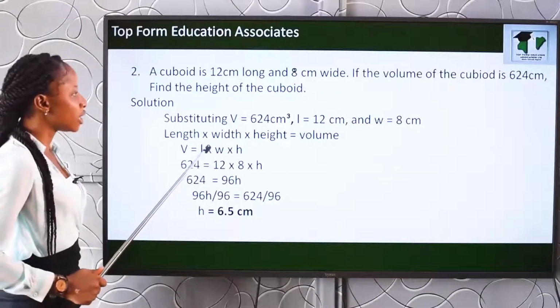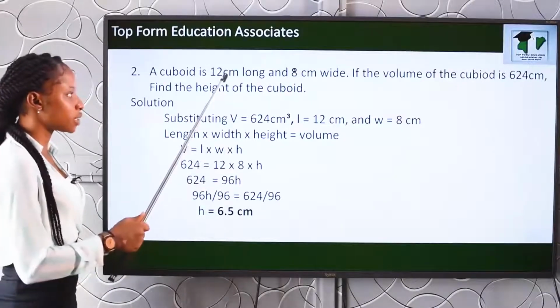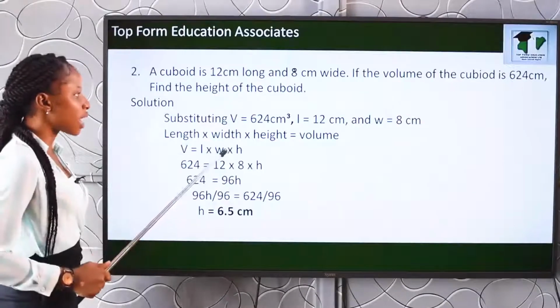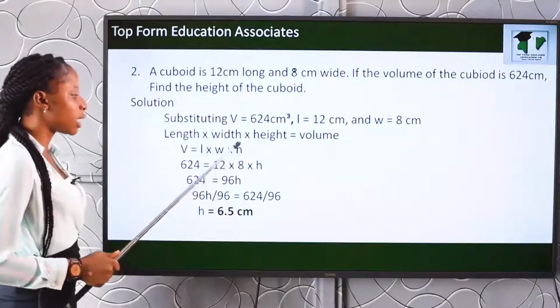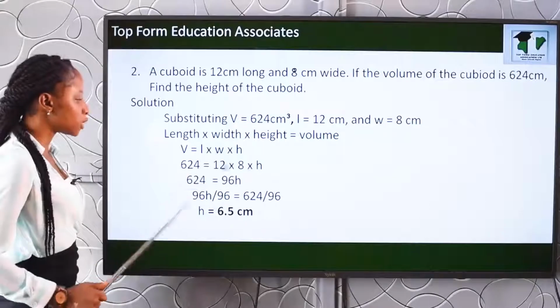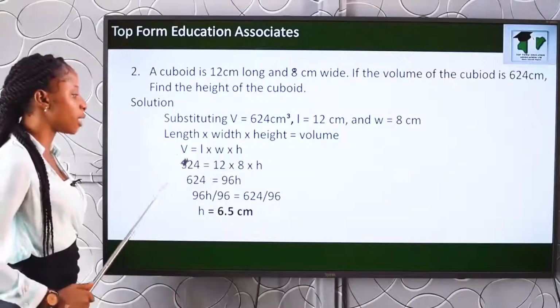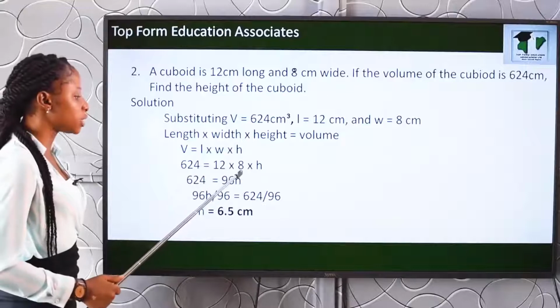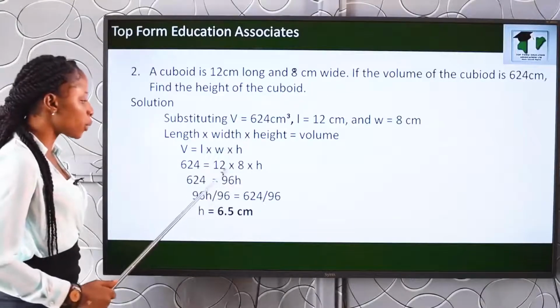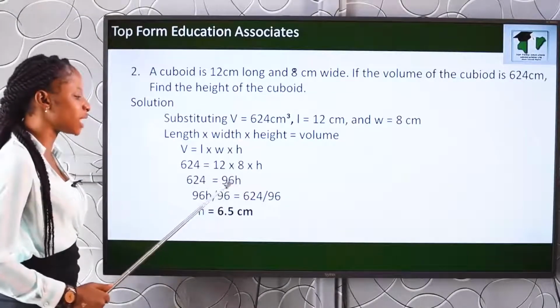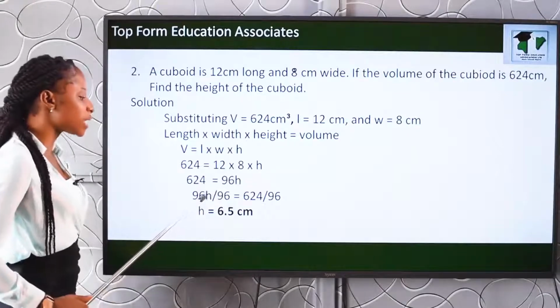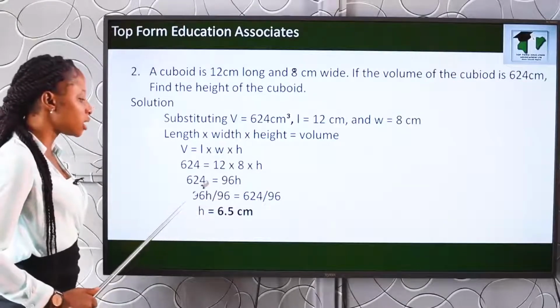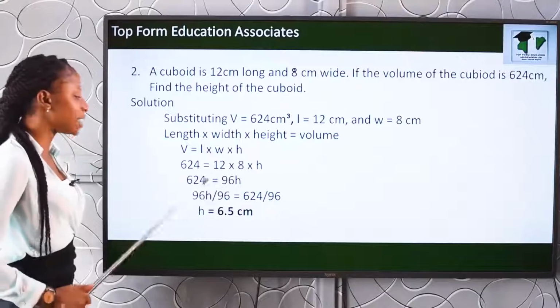Now, we have length as 12 centimeters, we have width as 8 centimeters, but we don't know the height. Let's substitute the values into the formula. Volume is 624, length 12, and width 8. When we multiply 12 times 8, we have 96. So to get h, we divide both sides by 96.